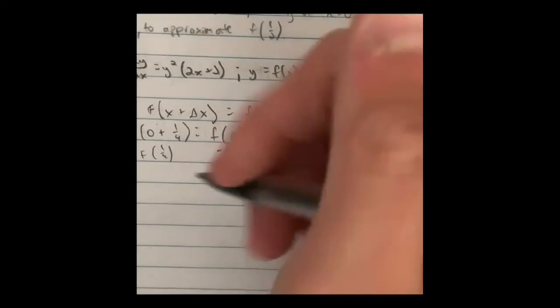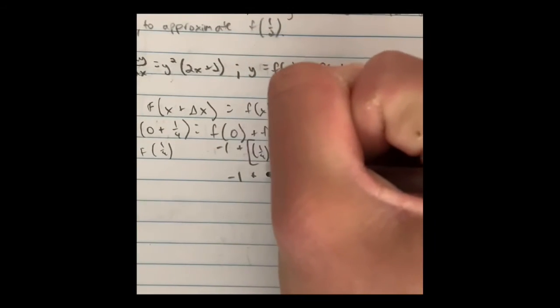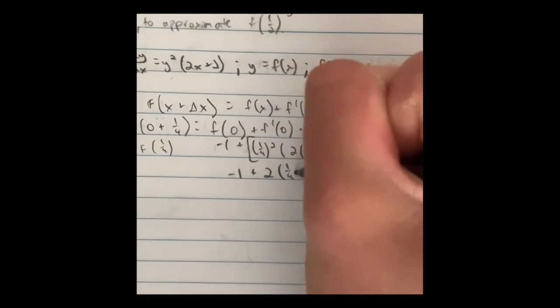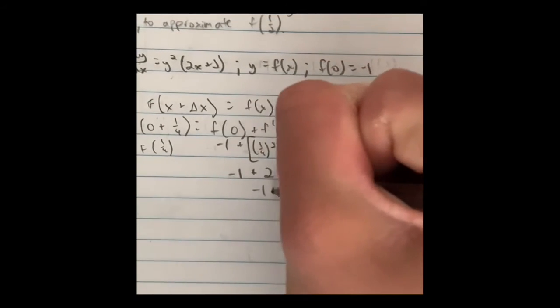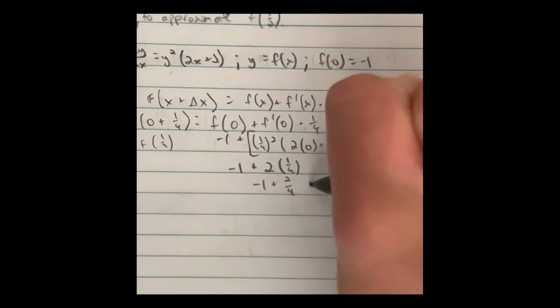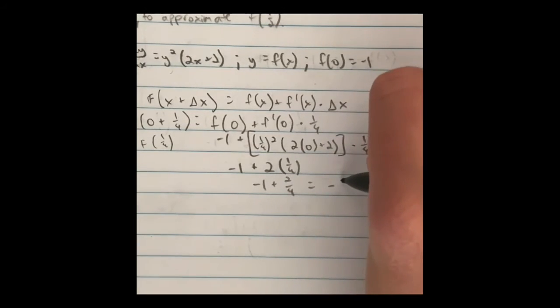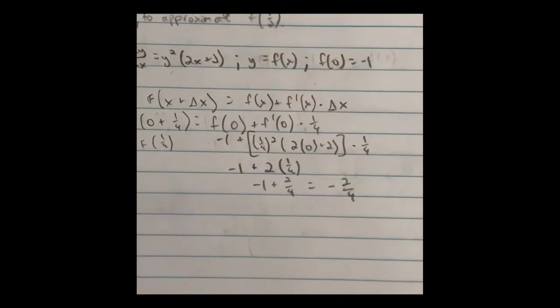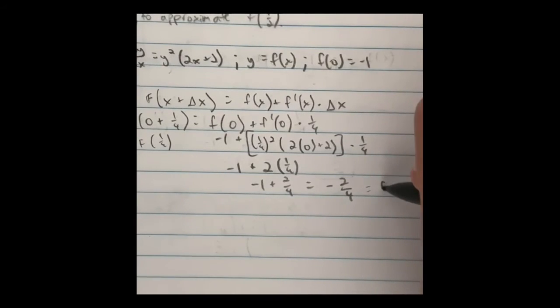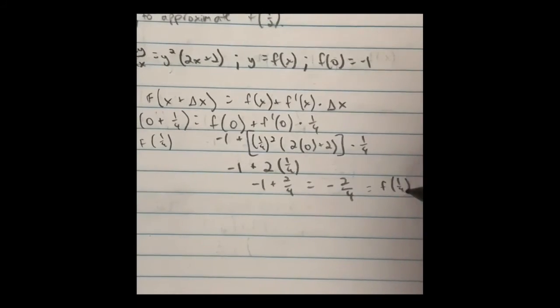After you solve this, you get -1 plus 2 times 1/4. And this is just -1 plus 2 over 4, which equals -2 over 4. And this is f of 1/4.